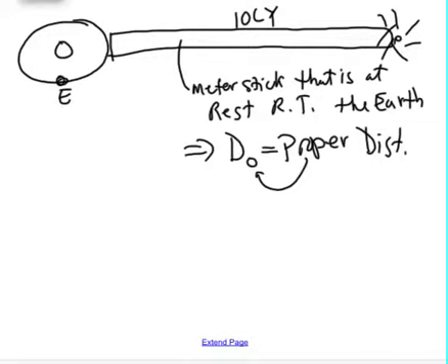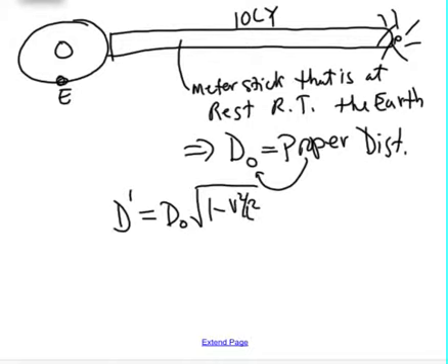That means proper, which then means the distance as measured from the spaceship is the contracted or non-proper distance. So that tells me that d prime, distance as measured from the ship, will equal the distance as measured from the Earth, which is the proper distance, times the square root of 1 minus v squared over c squared. That means, now that I know this is 10 light years, I use the length contraction formula to get the distance as measured from the ship.